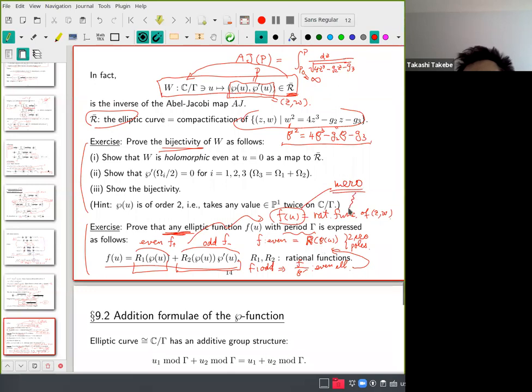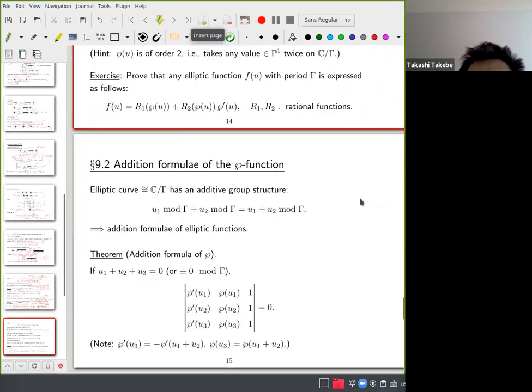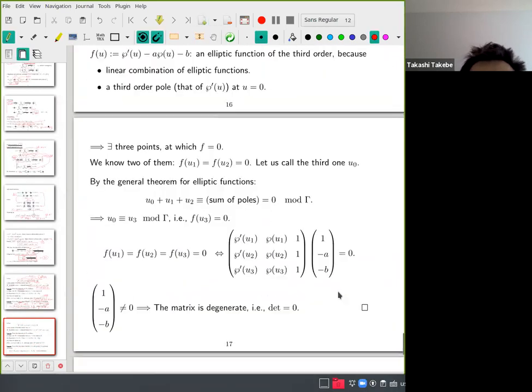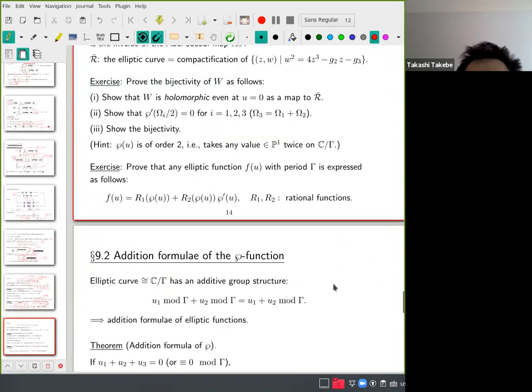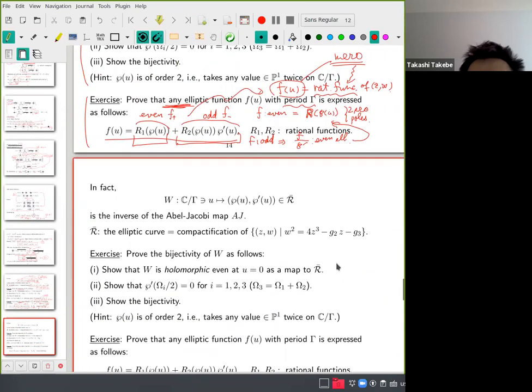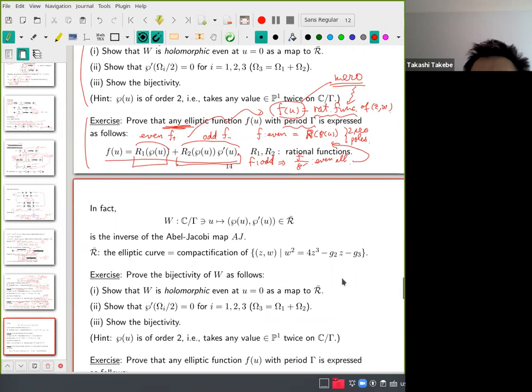But from this, we get a rational function. Actually, we have a similar phenomenon for P1.